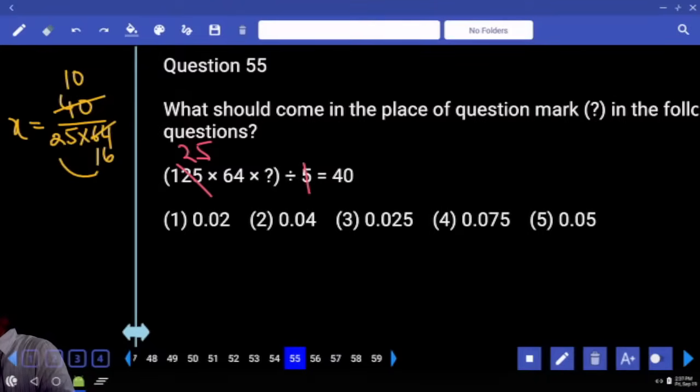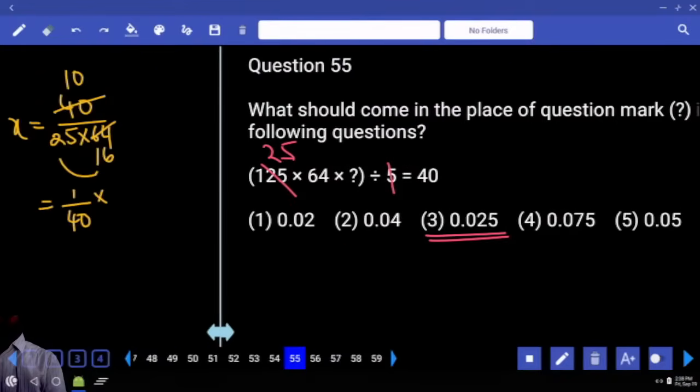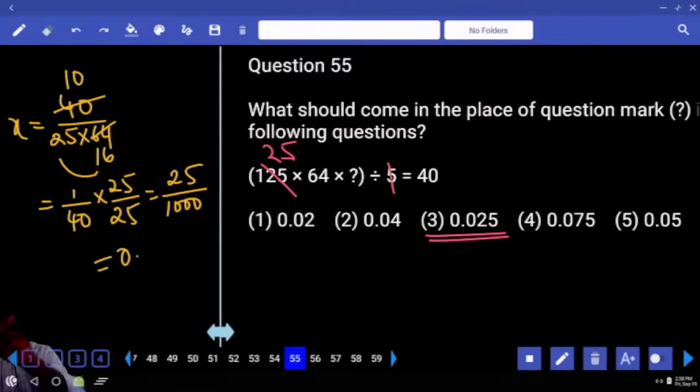Numerator 10, denominator 400, 0 0 cancel. 1 by 40. How much is that? 0.025. Is it clear? When you multiply both numerator and denominator by 25, your numerator is 25 and denominator is 1000. When you have 1000, you should get 3 digits after the decimal: 0, 2, 5. Got it?